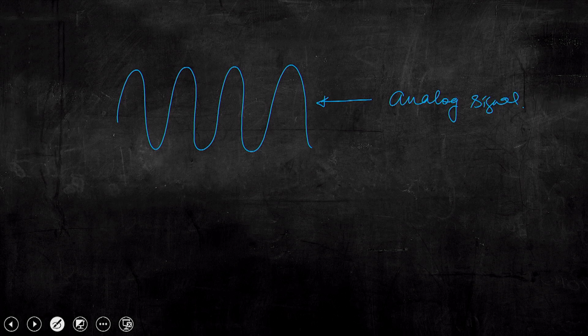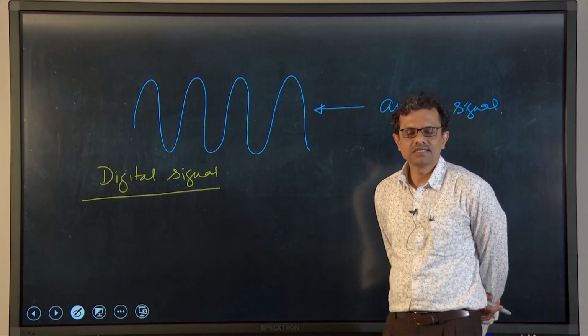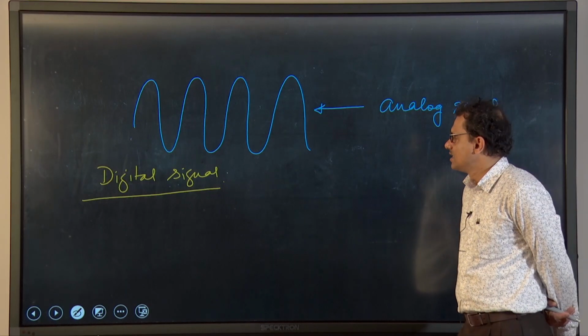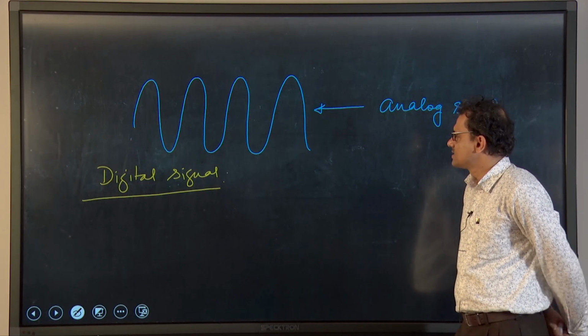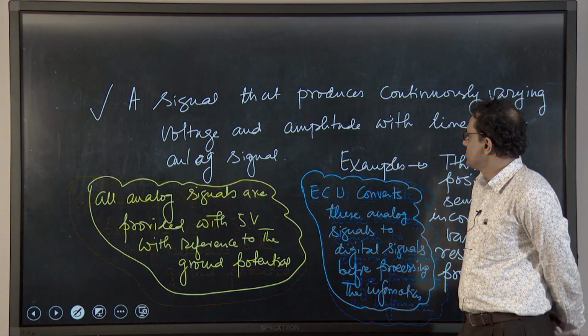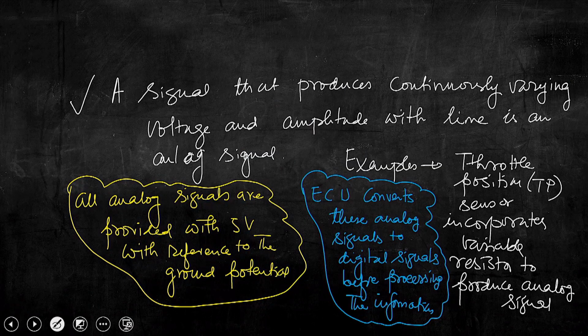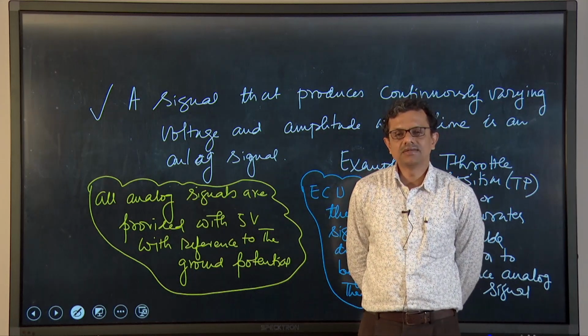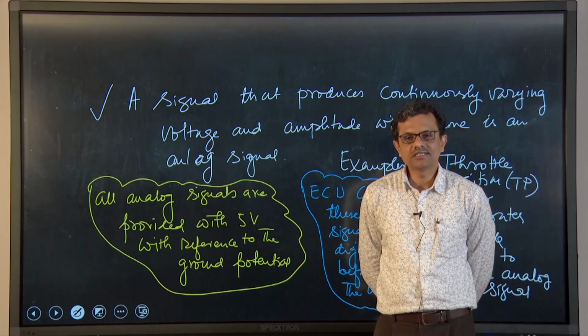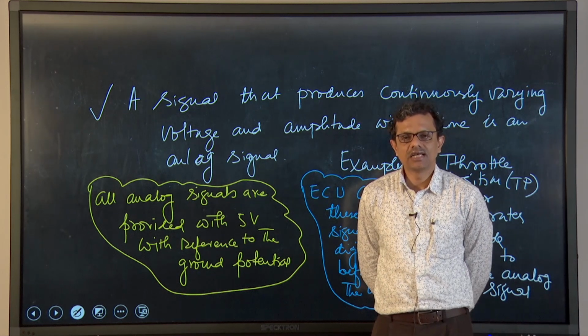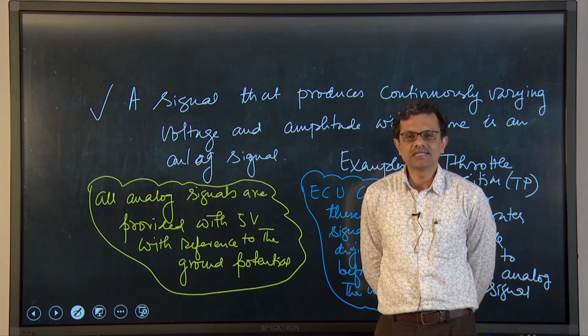Now, if we talk about the digital signal, from the definition, if we go back to the previous slide, we can see that an analog signal produces continuously varying voltage and amplitude with time. If the signal is, in contrast, discrete in time, then that should be the digital one.